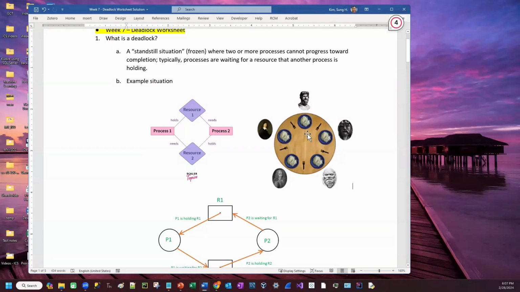So in this kind of scenario, there could be a deadlock where everyone grabs one. This guy grabs that one, this guy that one, this guy that one, and this guy that one. And everyone is waiting for the other fork, but nobody is letting go because everybody's waiting. So that would be a deadlock situation.